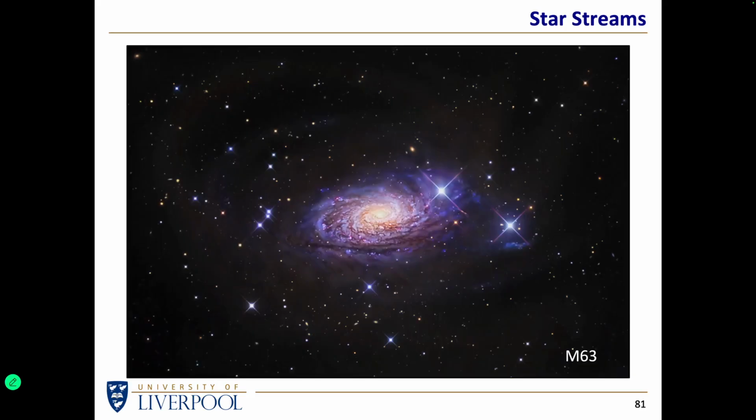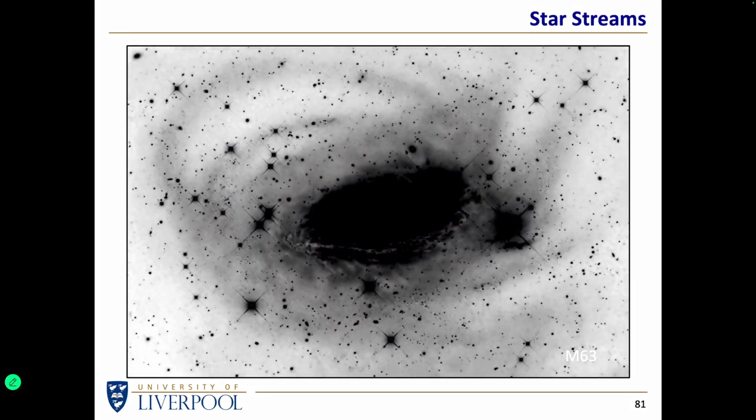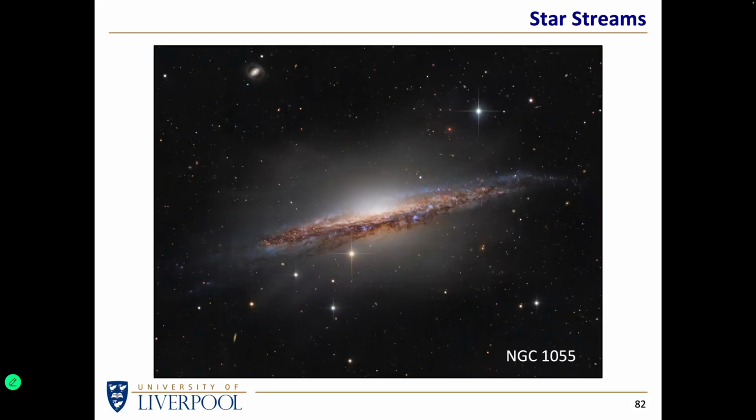This is Messier 63. It perhaps looks like a totally isolated galaxy. But if we do the same, invert and bump the contrast up, again, we can see star streams indicating that this galaxy has probably eaten other galaxies in its past and left these star streams behind.